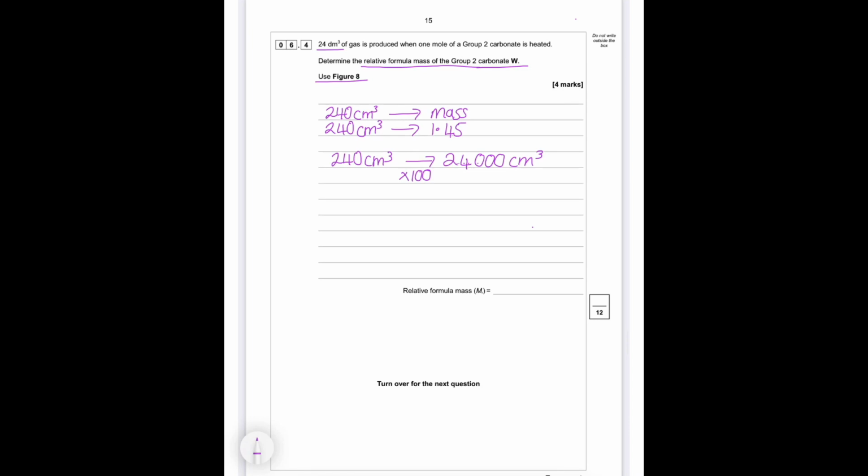Now, if I have to do that to the volume, then that means I would need 100 times the mass to work out the relative formula mass if I had 24 decimeters cubed. So if I do 1.45 times 100, that gives me 145 as the relative formula mass.